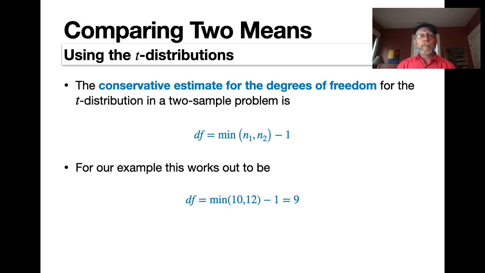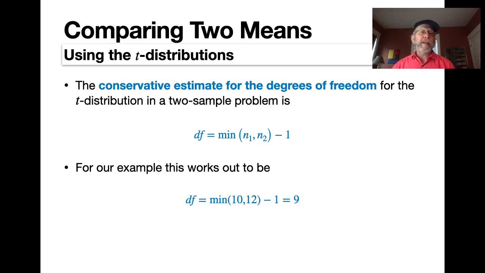So for instance, for p-values, right? You know that we reject the null hypothesis when the p-value is smaller than the alpha value. The p-values returned using the conservative estimate are going to be larger than p-values returned either using the software formula or even more sophisticated techniques.